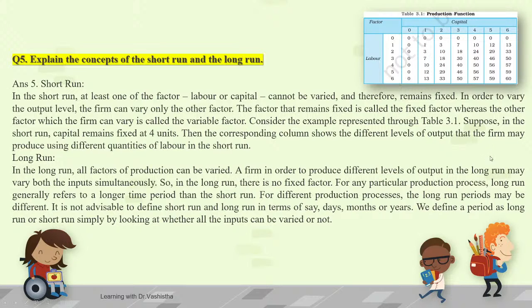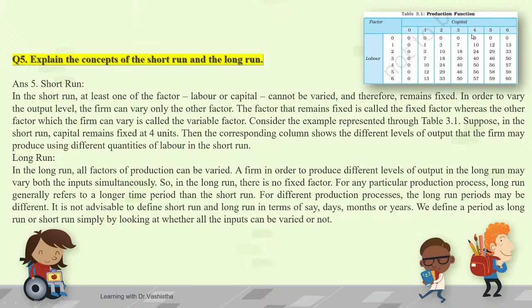We'll refer to this. Suppose in this short run, that example where we took the value of capital fixed at 4 units, it was an example of short run only because here capital was fixed whereas labor was variable.